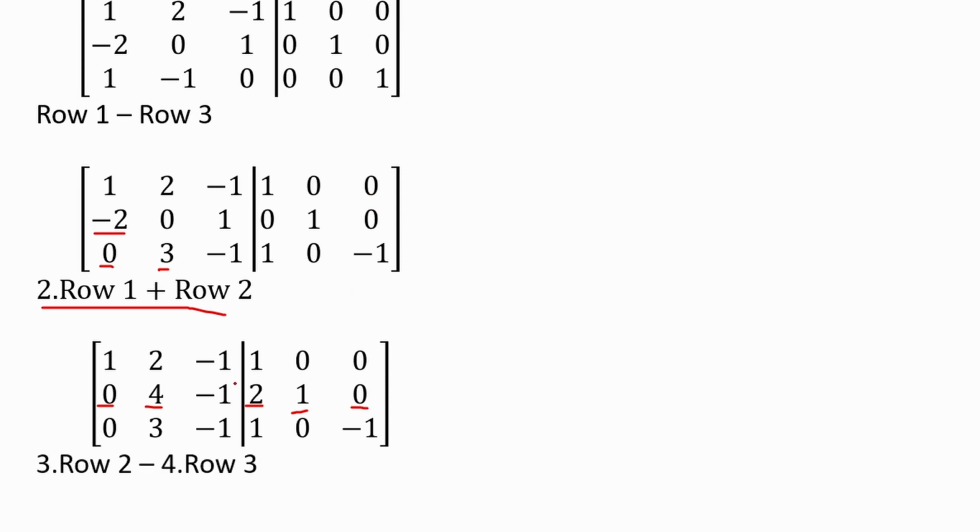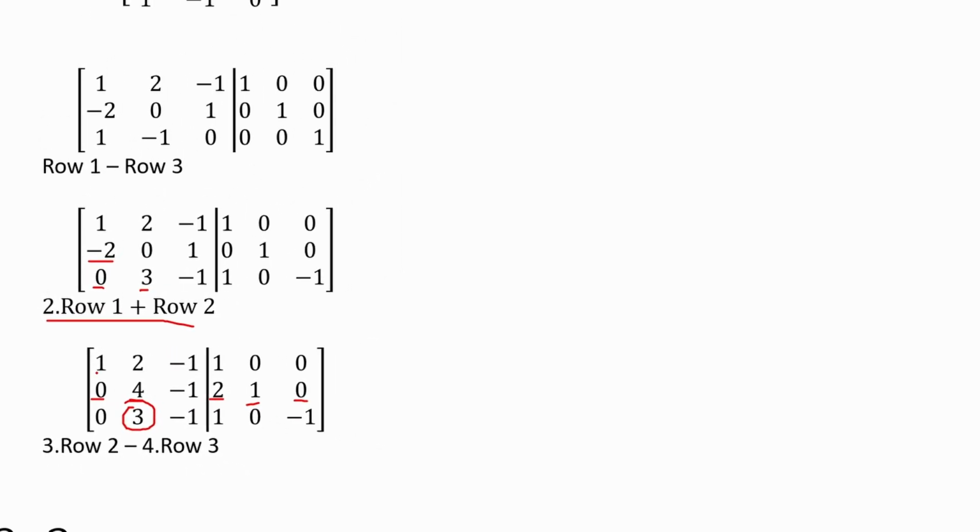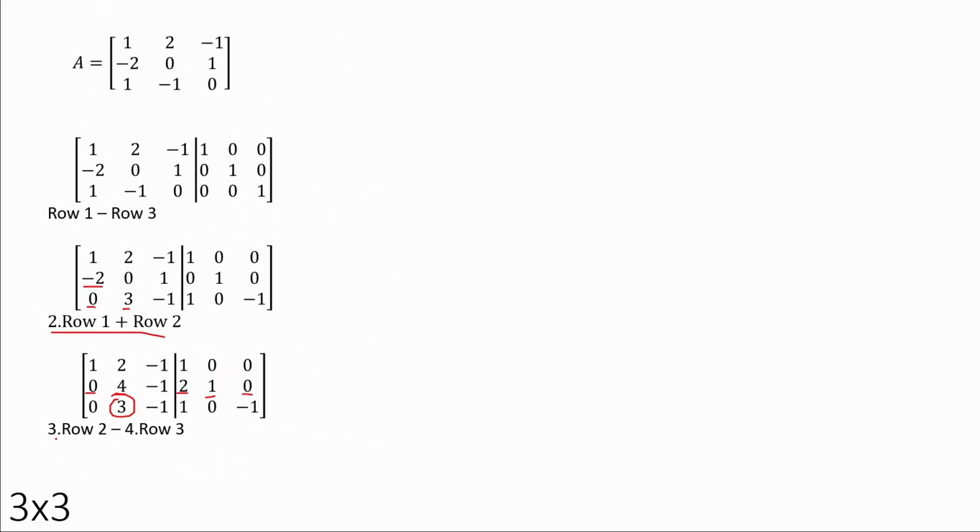And next, I want to change this into 0. So what I do is multiply row 2 by 3 minus 4 times row 3. So 0 times 3 is 0, and then it will be 0. And 4 times 3 is 12, minus 3 times 4 is 12, it will be 0. So that's minus 12.